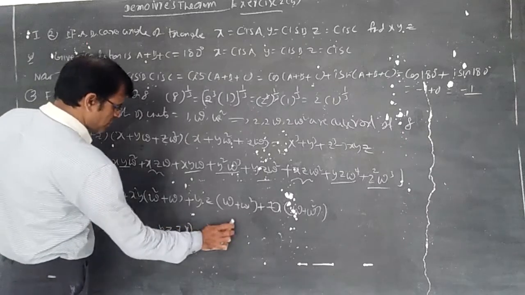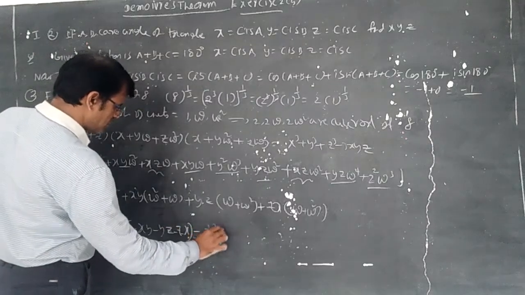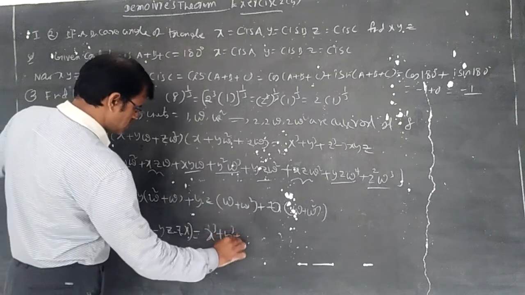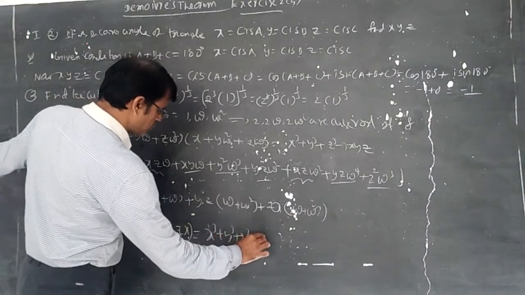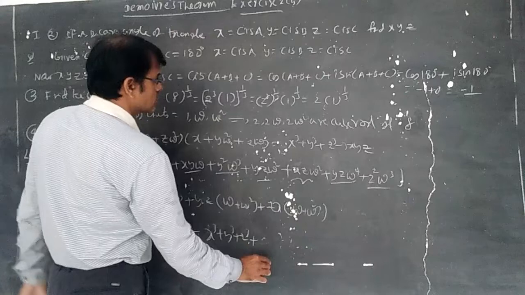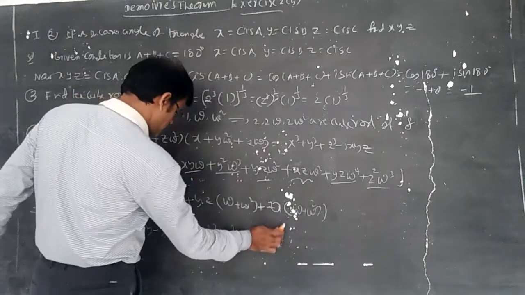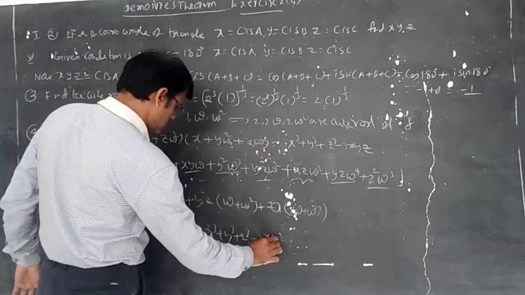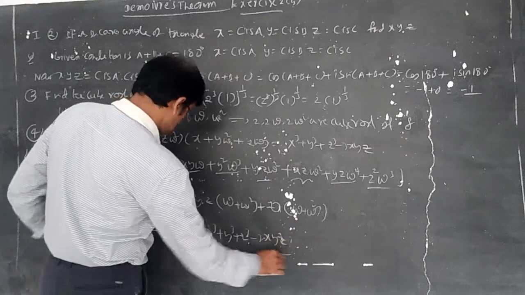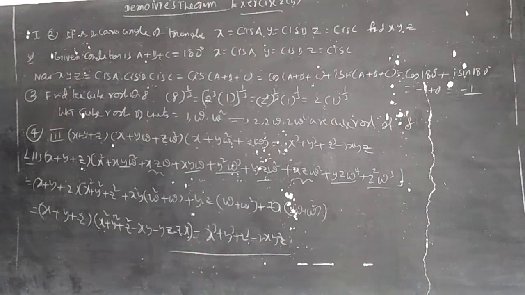So directly you can write the formula according to the theory of equations. This is x cube plus y cube plus z cube minus 3xyz. This is the concept a plus b plus c into a square plus b square plus c square minus ab minus bc minus ca is equal to a cube plus b cube plus c cube minus 3abc.